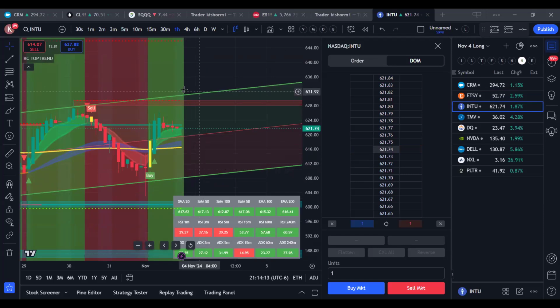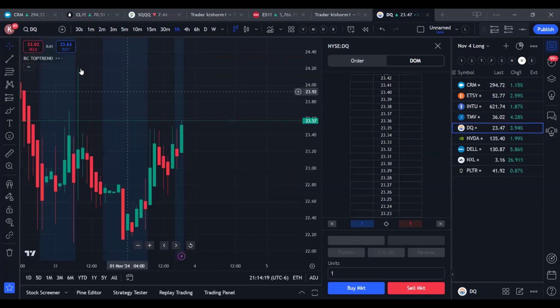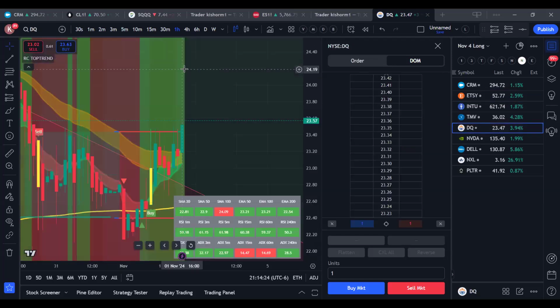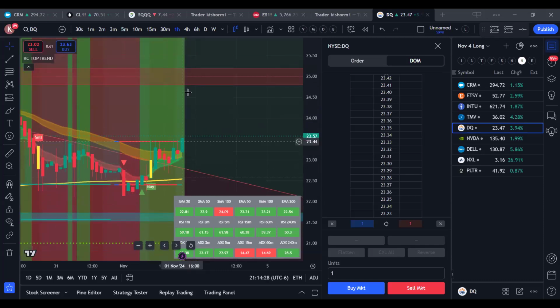This INTU will move over 630 plus tomorrow. DQ will go about 24.17 or can go all the way to $25 tomorrow.